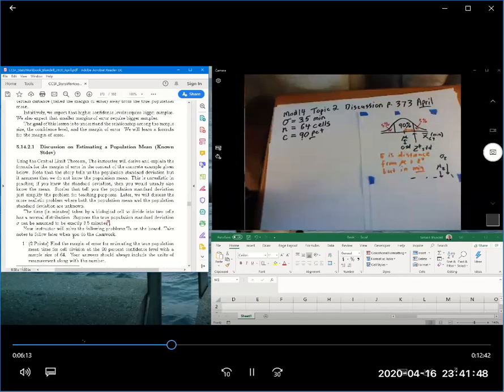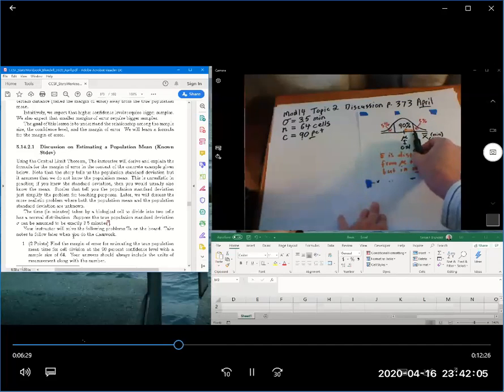And so we can find the z-star real easy. There's this function in Excel for a standard normal variable. You can find a critical value.